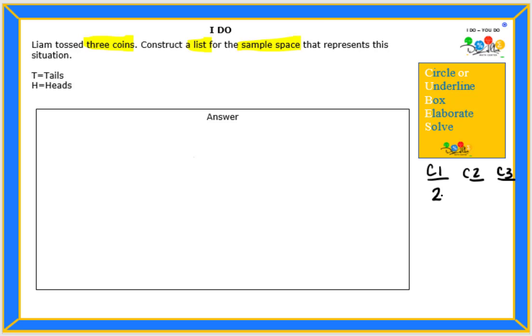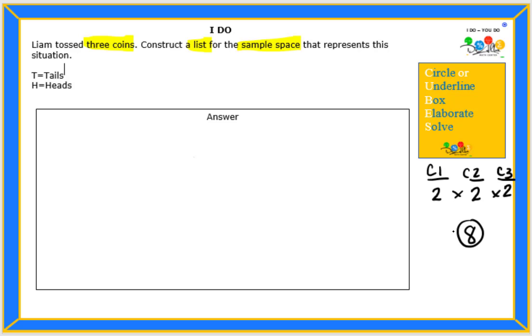So we have 2 possibilities for coin 1, 2 for coin 2, and 2 for coin 3. And if we multiply those, 2 times 2 is 4, and 4 times 2 is 8. So I believe there should be 8 possible outcomes or 8 different combinations.